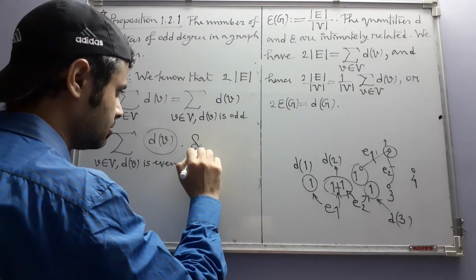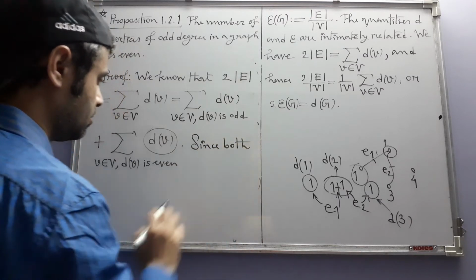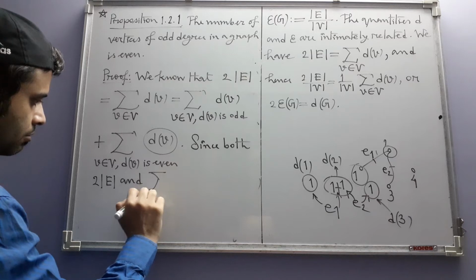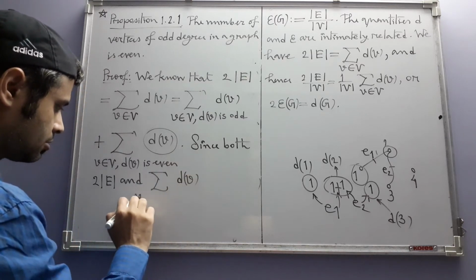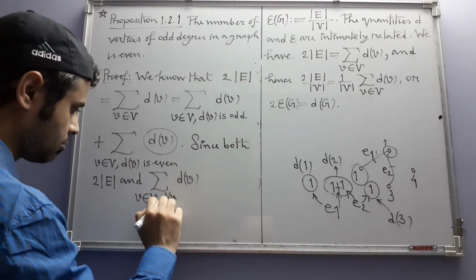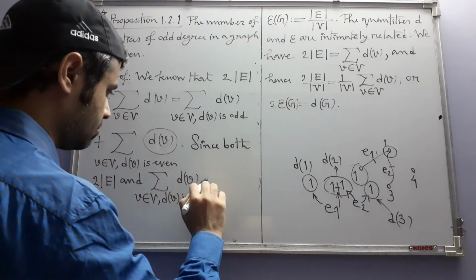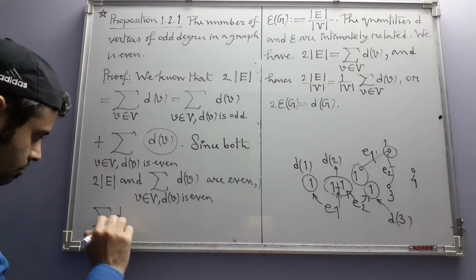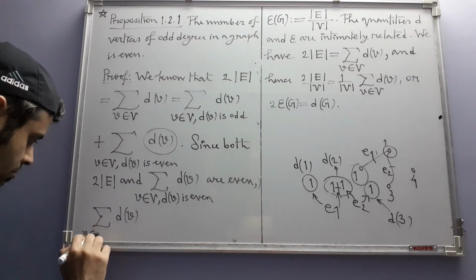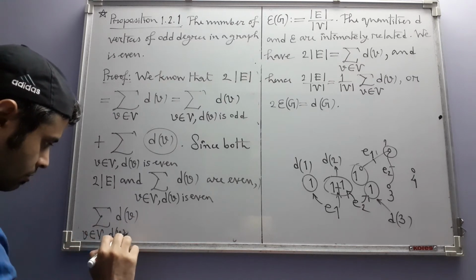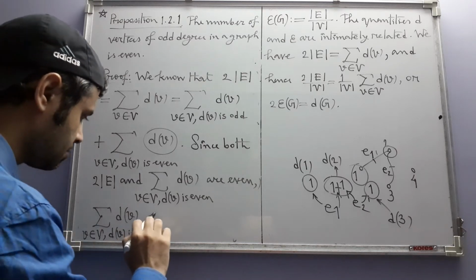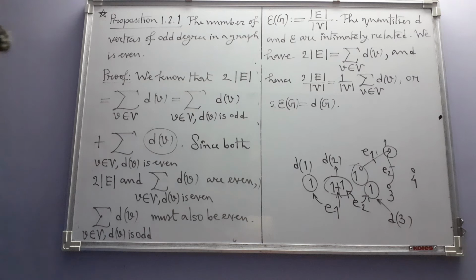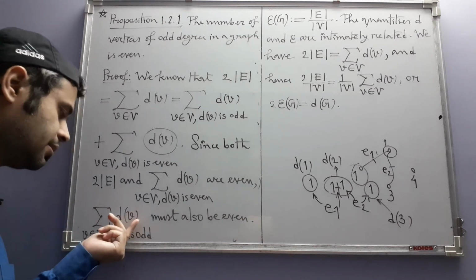So let's argue like that: since both this and this are even, this must also be even. Now in this sum every term is an odd integer.